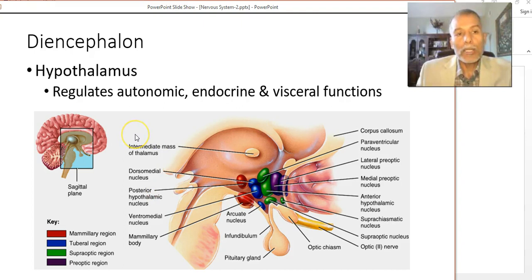The hypothalamus, which are basically these structures, lies beneath the thalamus. And again, it has the pituitary gland as a storage site. So the hypothalamus produces many hormones, and these hormones serve as regulators of different functions of the body.